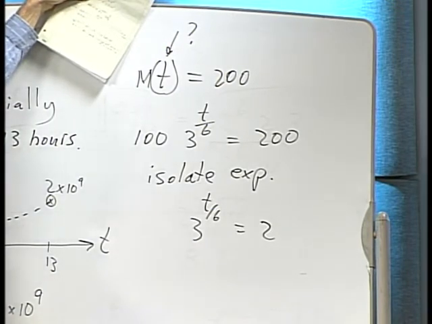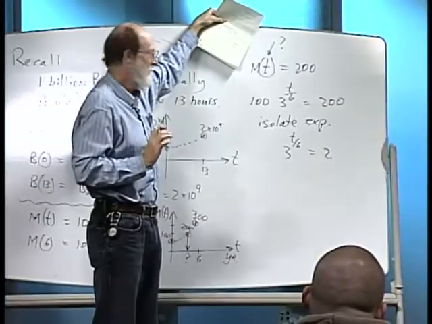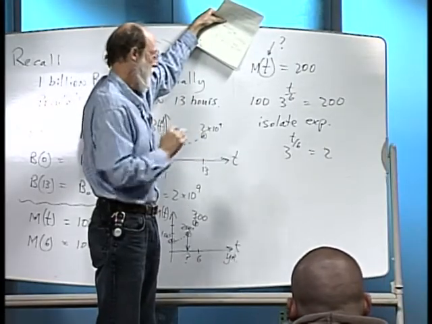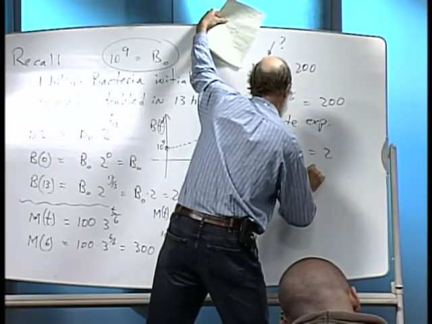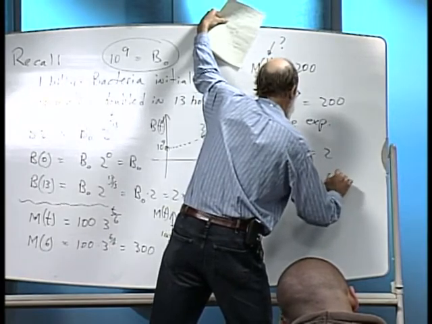Now somebody in the back row, what's the next step? Take the log of each side. Kyle, take the log of both sides. What base do you want to use? Let's do ln, natural logarithm, base e. So let's take the natural log of both sides: 3 to the t over 6 is equal to the natural log of 2.